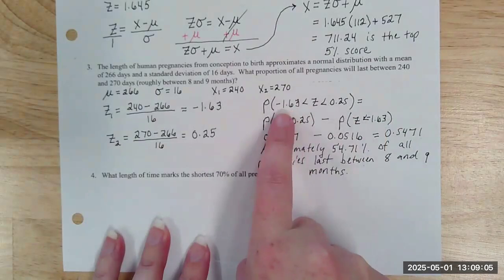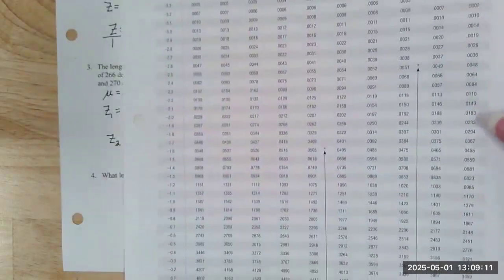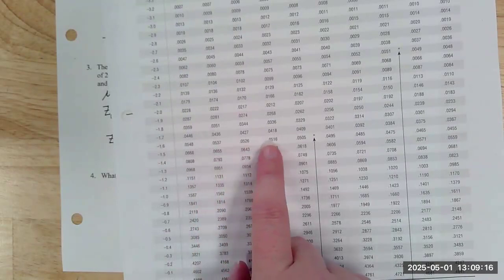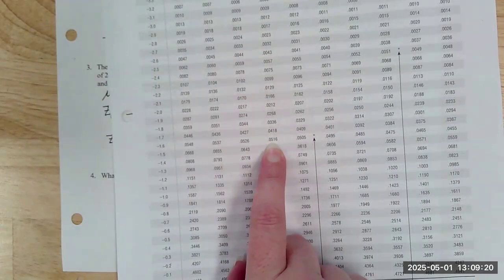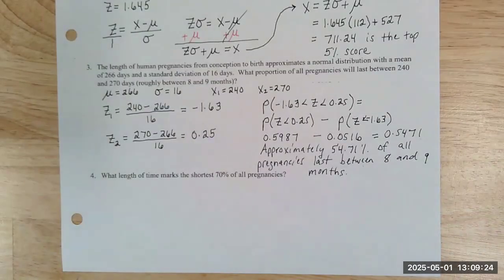In the row above, I had the negative on there and I just dropped it when I wrote it in the second row. So negative 1.63. We go to negative 1.6, and then we cross to be underneath the decimal of the 03. That's where the 0.0516 is. Yes, if you use the positive, it gives you a very different number. Call me out on that. I make tiny mistakes like that all the time.